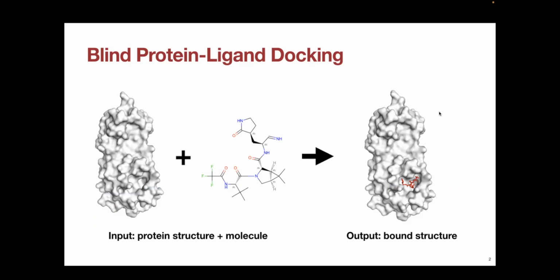Instead, we're doing blind docking, where we have the whole protein and want to find out where the small molecule binds. The output of the tool is the 3D coordinates of every single atom of the small molecule. There will also be some further outputs, because we can produce multiple candidates, and we will also have a score for all those candidates, but we'll get into that later.